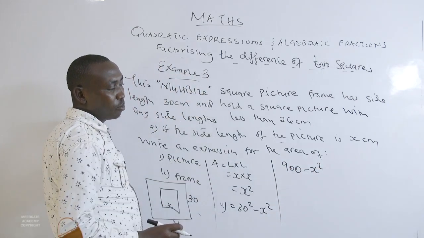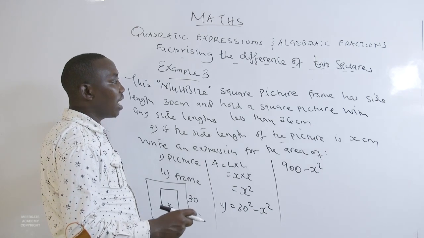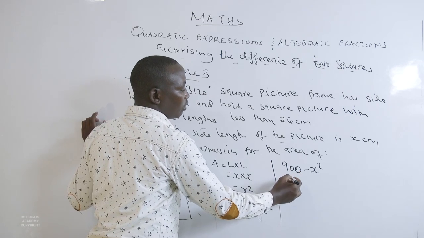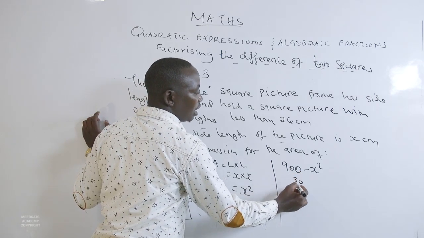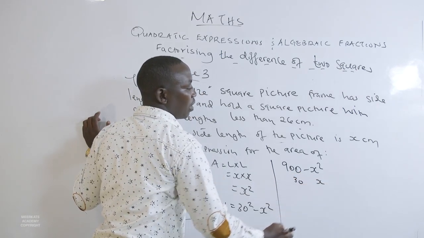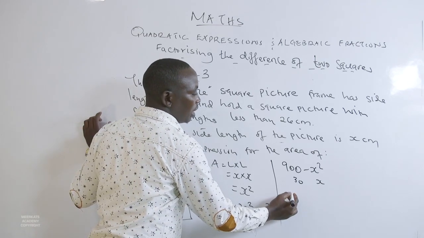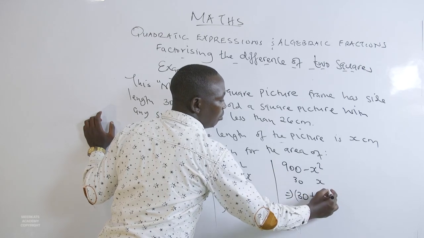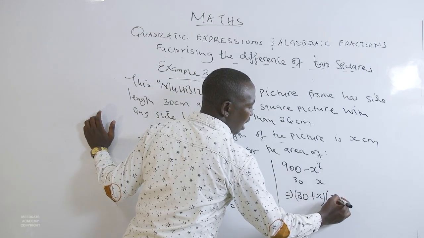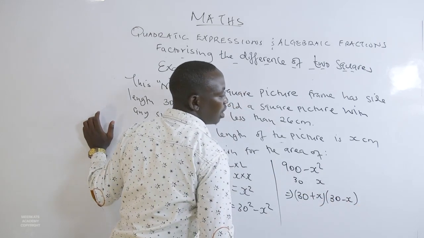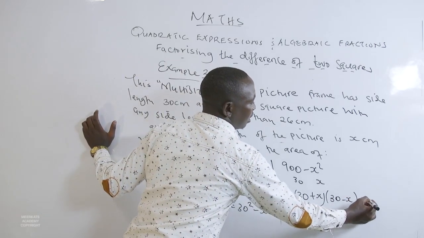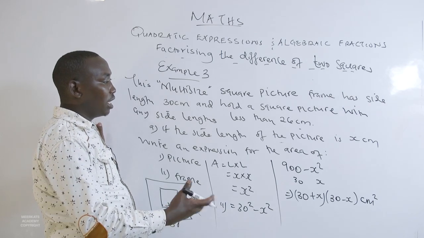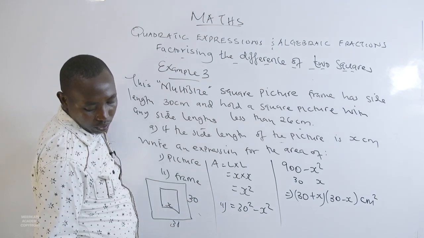But we want to write this expression in a simplified and factorized form. So we look for the square root of 900, which is 30, and the square root of x squared, which is x. So this means we are going to have 30 plus x multiplied by 30 minus x, and it is centimeters squared, which means it's a difference of 2 squares.